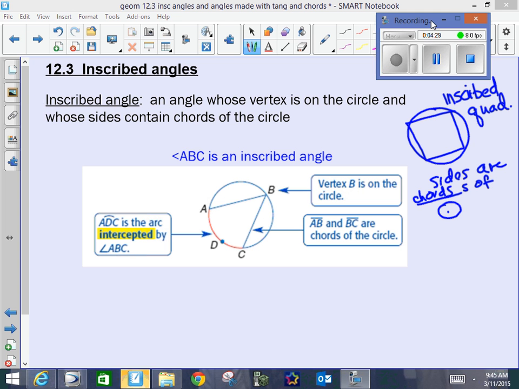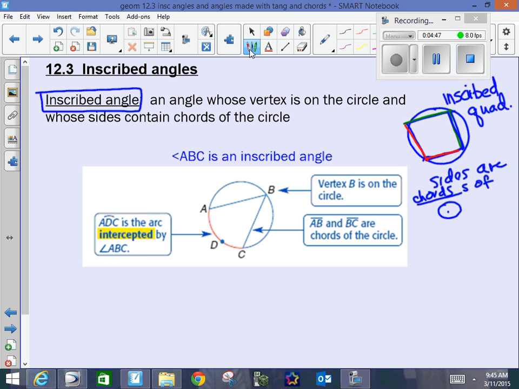We're going to now talk about all those inscribed angles. So we got 4 of them. Here's one right here. Here's another. Here's another. And here's the last one. There's 1, 2, 3, 4 inscribed angles. Look at the definition of an inscribed angle.